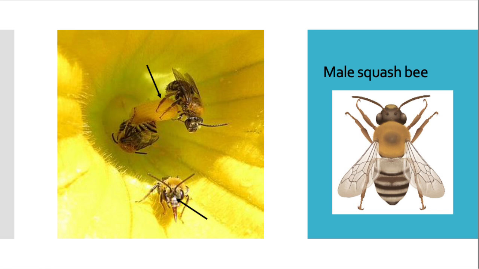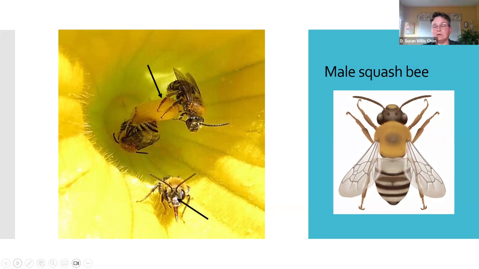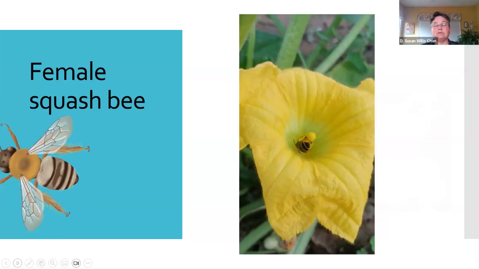The other important thing is a white, I'll call it a mustache. It's a white coloring on the face of the bee that looks like a mustache. And that's the way you can tell whether a bee that is looking at you is a female or male. Female squash bees have very hairy legs and they have pollen pants. And this is what they look like when they're actually manipulating a flower.